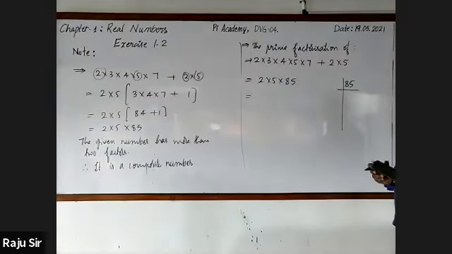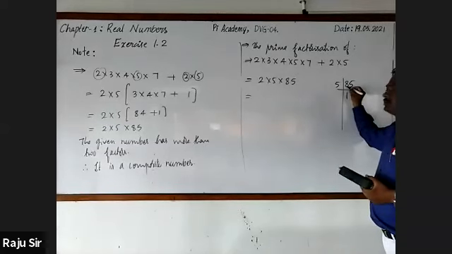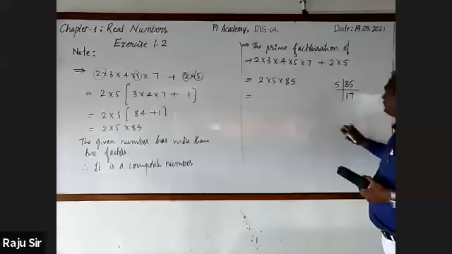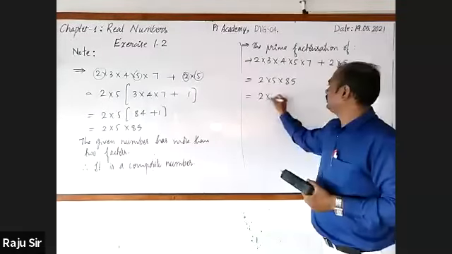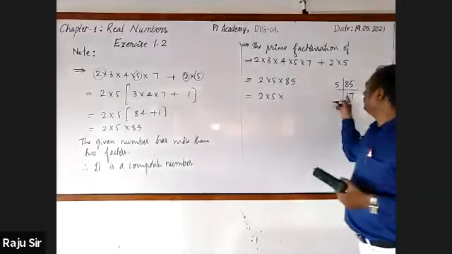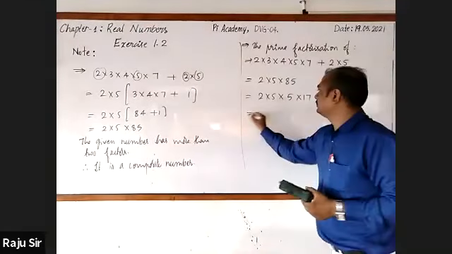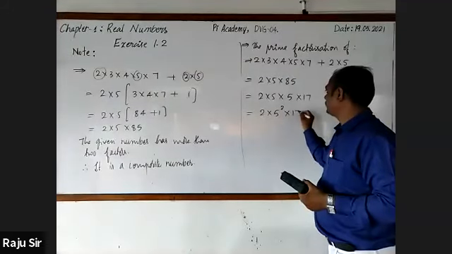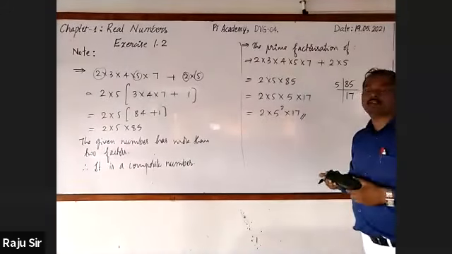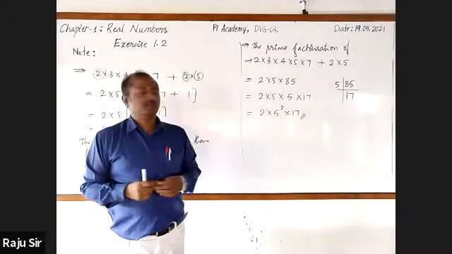Start dividing this by 5. 5 1s are 5, 3 will remain, 35. 5 7s are 35. So 2 into 5 into 85 is written as 2 into 5 into 5 into 7. Now this is 2 into 5 square into 7. This is the prime factorization.